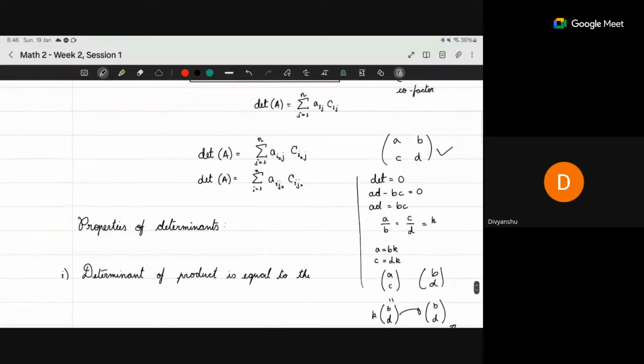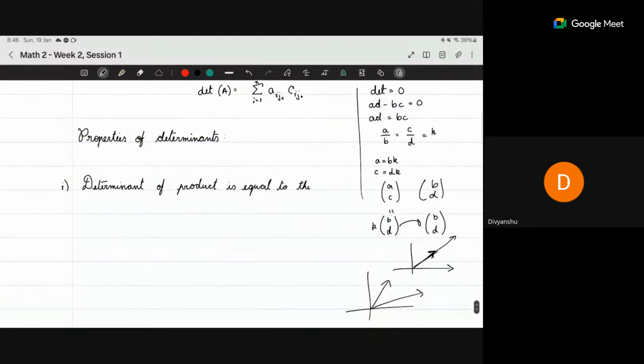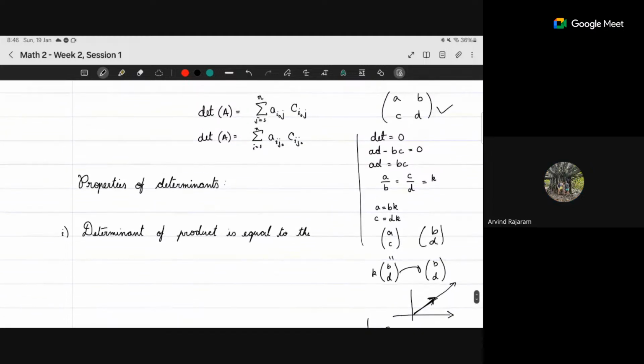Sir, what is meant by the negative? That has to do with orientation and all that. So that I will not explain. Okay, sir. Yeah, this is relatively easier to see. It is in some sense the signed area. So you can test out when it becomes negative area using some right hand thumb rule. I think when it's negative, the orientation flips, right? Correct. So if you have something like (0, 1), (1, 0), which is like the negative orientation, correct?